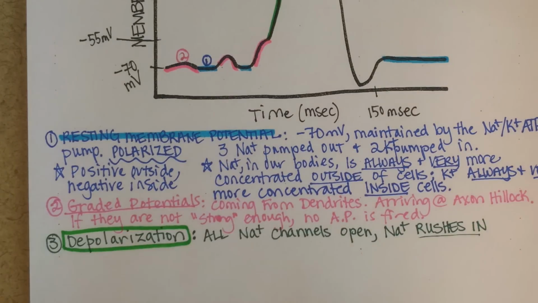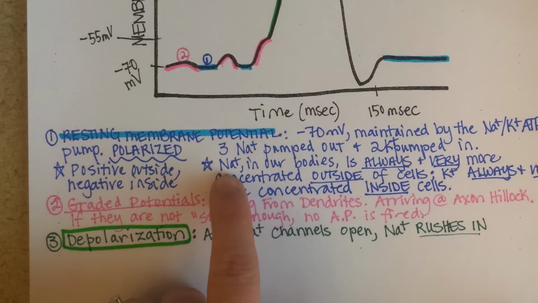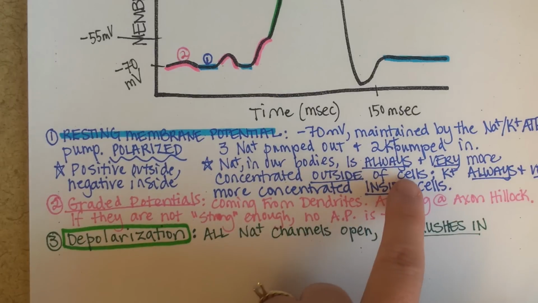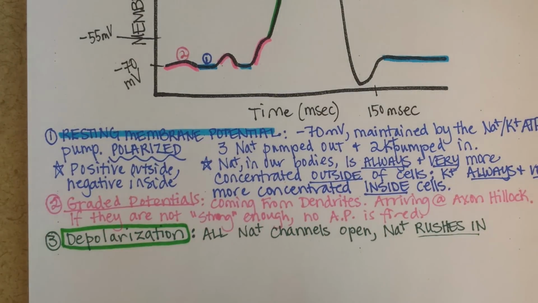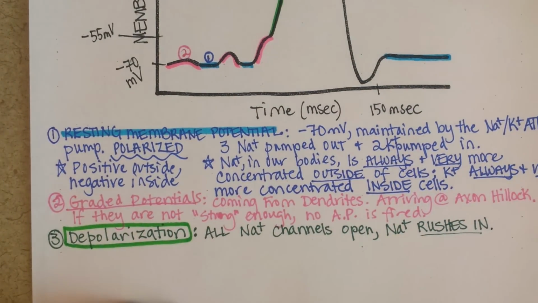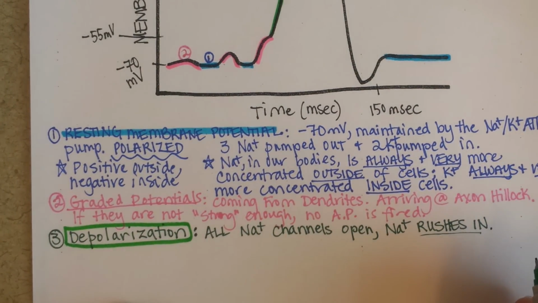Well, the secret is right here. Sodium in our bodies is always and very more concentrated outside of the cells. So according to diffusion, sodium wants to go from its area of high concentration outside of the cell to its area of low concentration inside the cell. So with all the sodium channels open, then the potential goes up to plus 30.